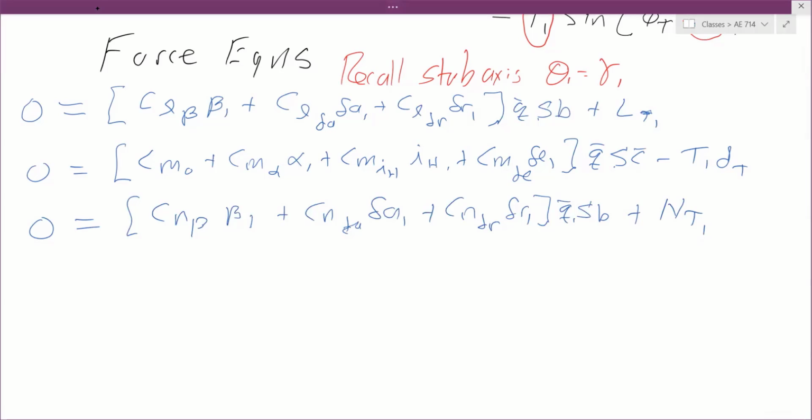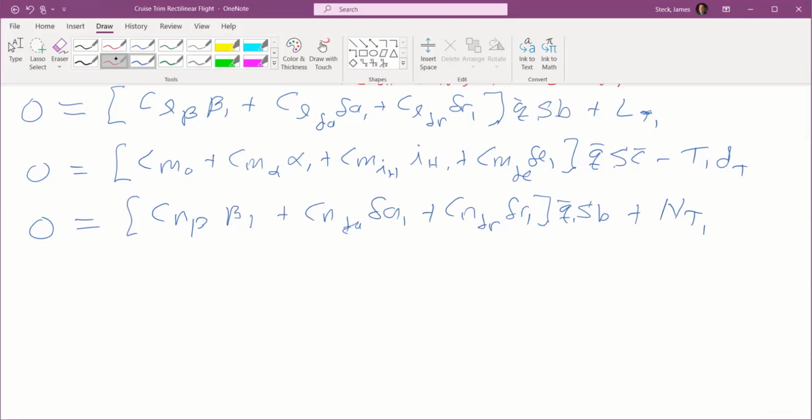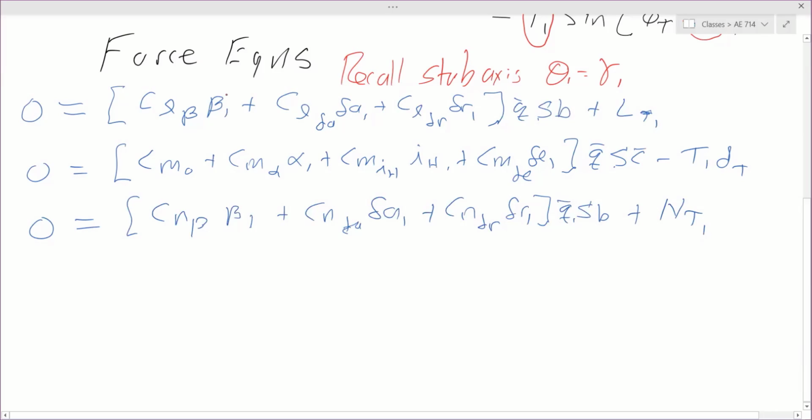So let's circle the unknowns here as well. Of course, the thrust is in LT and NT.